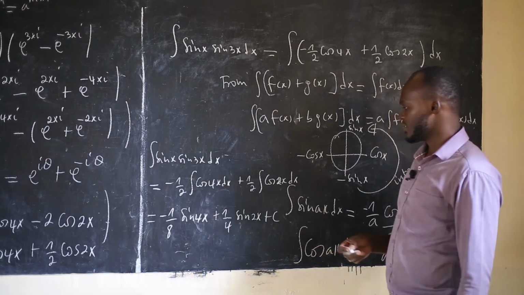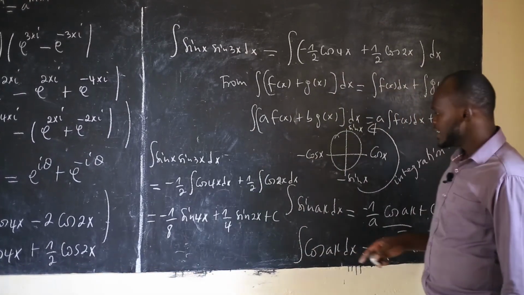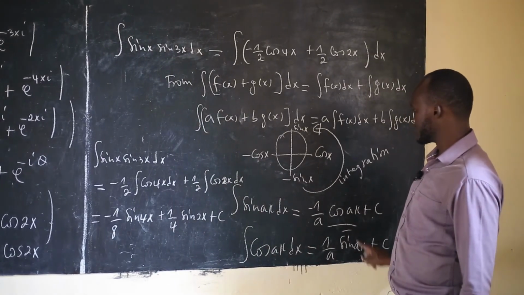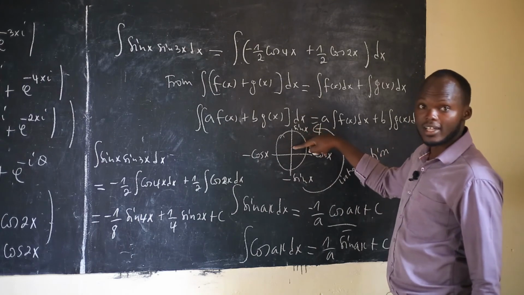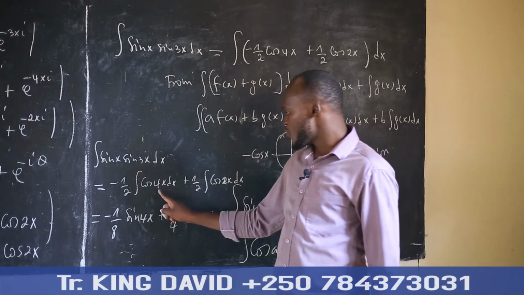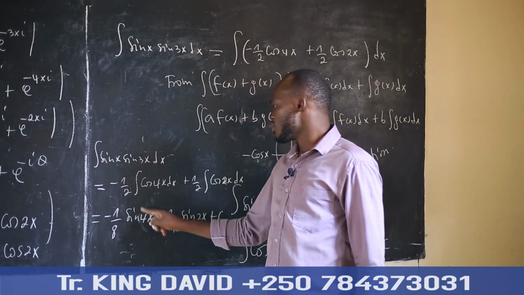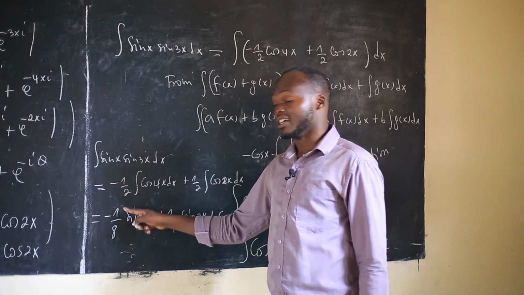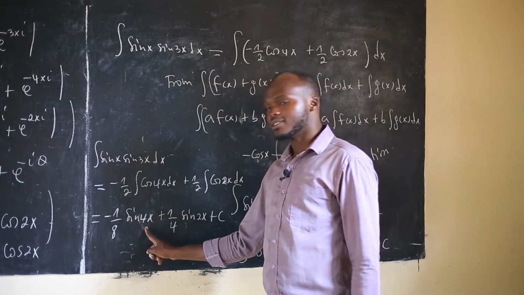Let me repeat so that you can understand very well. Integration of cos ax is 1 over a sin ax, because integration of cos is sine. So integration of cos 4x dx is 1 over 4 sin 4x. Times the negative half, which is outside, it becomes negative 1 over 8 sin 4x plus c.